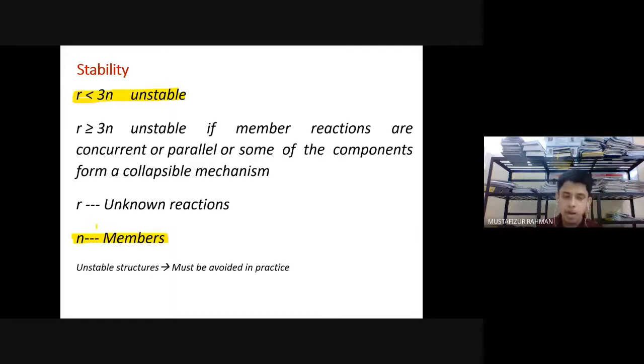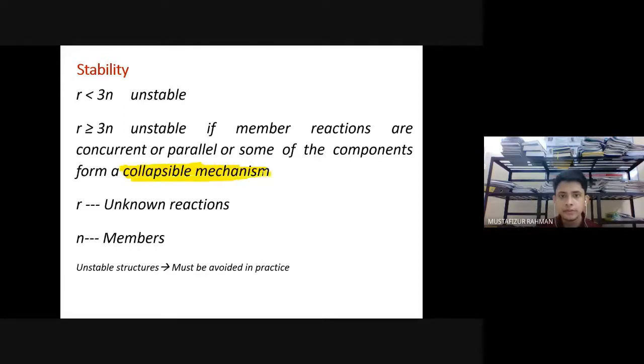So if the unknown forces are less than the number of equations of static equilibrium, then it is unstable. And again, it is unstable if member reactions are concurrent or parallel in some component and form a collapsible mechanism. This one is important: collapsible mechanism.